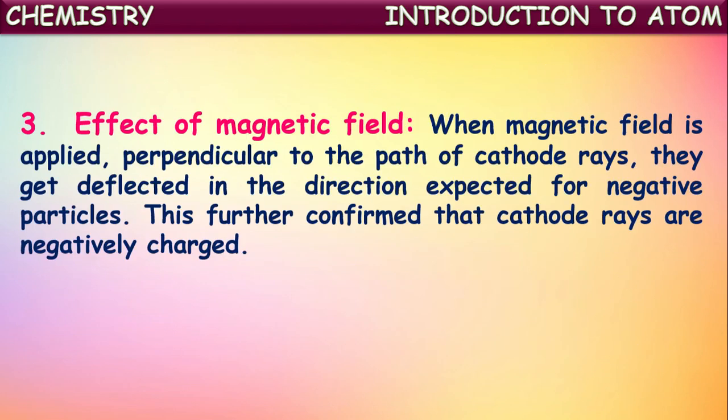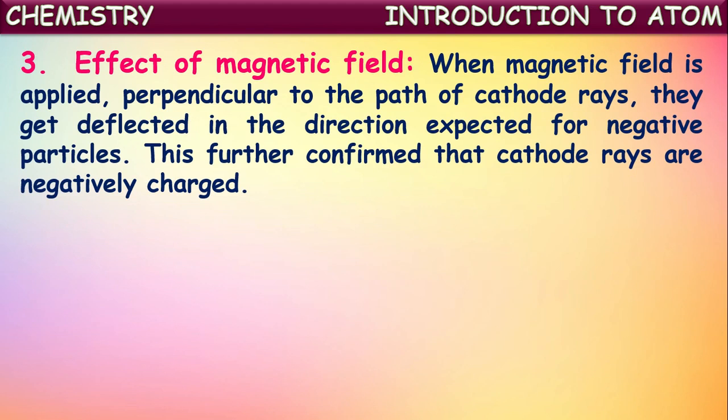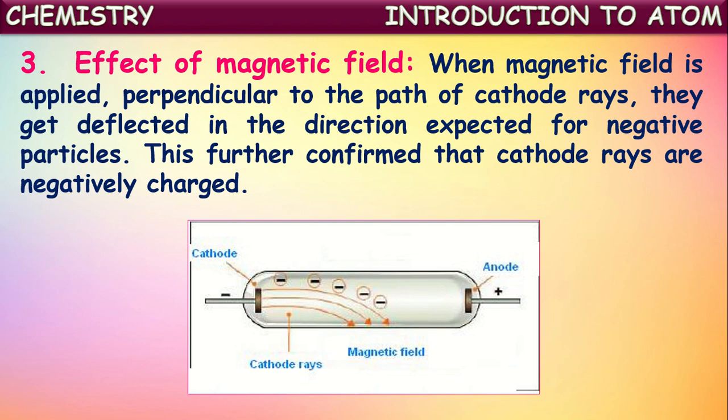Next property: the effect of a magnetic field on the cathode rays. When a magnetic field is applied perpendicular to the path of cathode rays, so instead of applying an electric field, if we apply a magnetic field in the path of these cathode rays, then they get deflected in the direction we expect for negative particles.